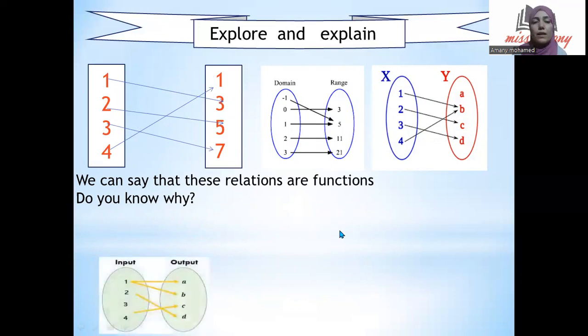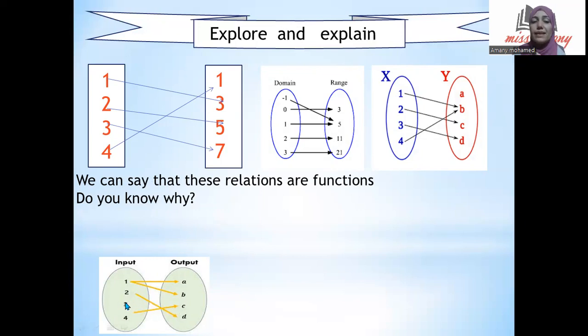Who can tell me, is this relation a function or not? Okay, Ahmad? Yes, very good. It's not a function because, for a relation to be a function, each element of the input set must have an image in the output set.